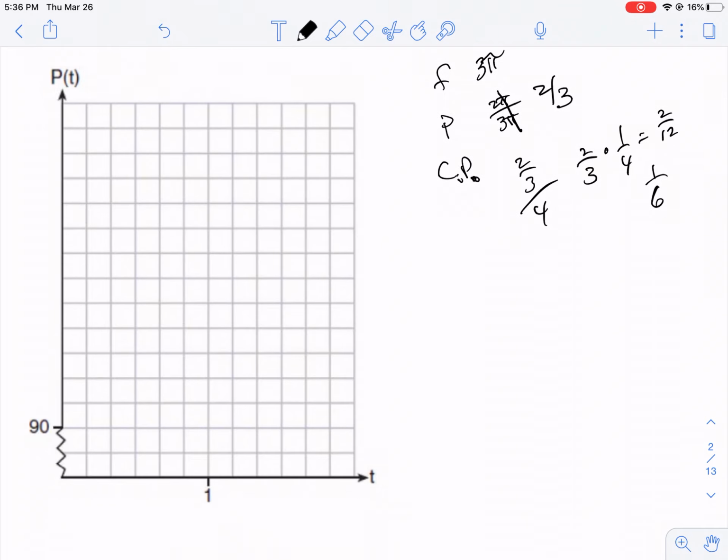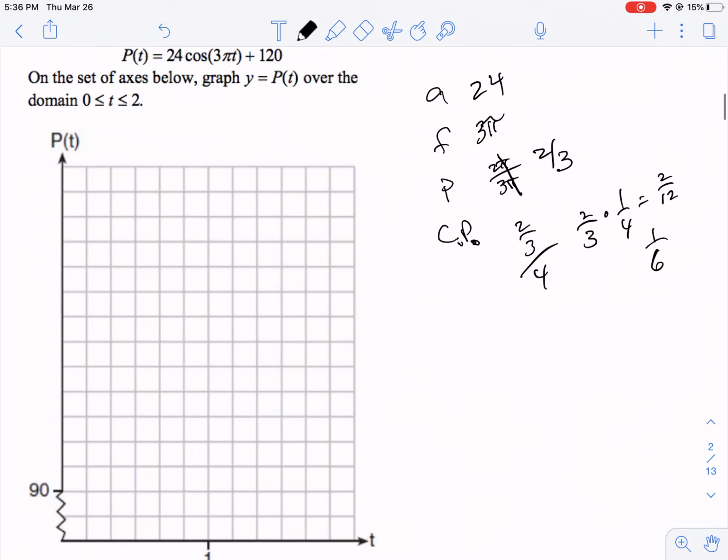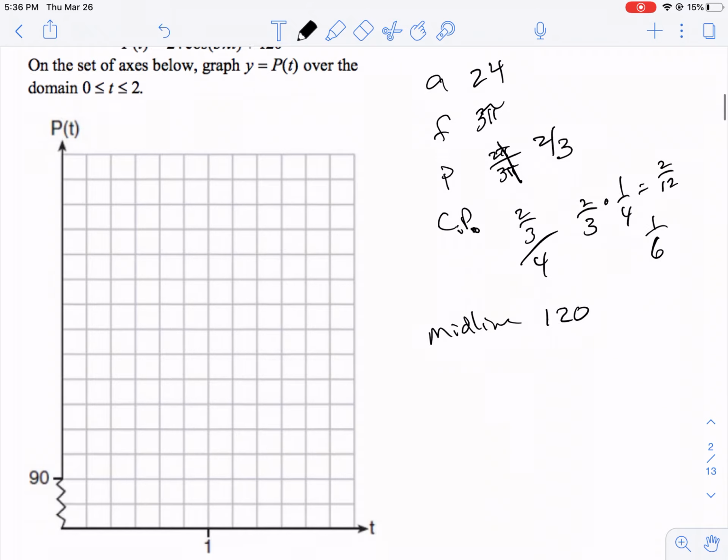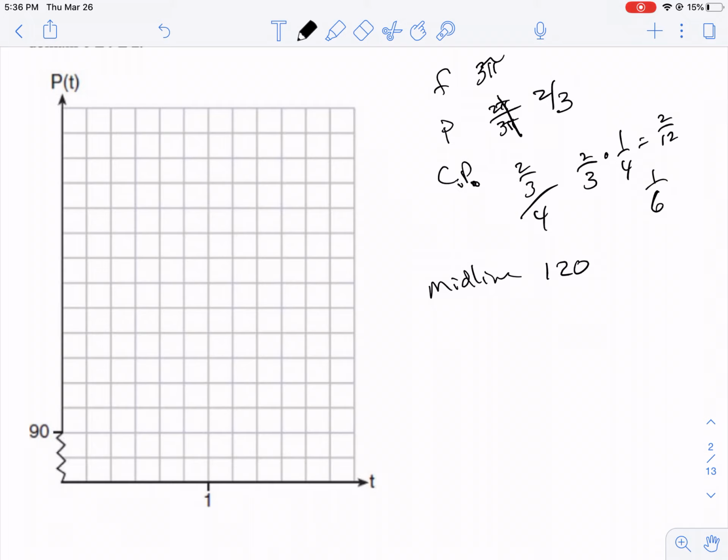Okay. And it has a vertical shift, midline, of 120. Okay, well, let's see. I can figure out how to count the graph. Well, look at here. Our critical points were 1/6, and look, they made us 6 lines to get between 0 and 1.